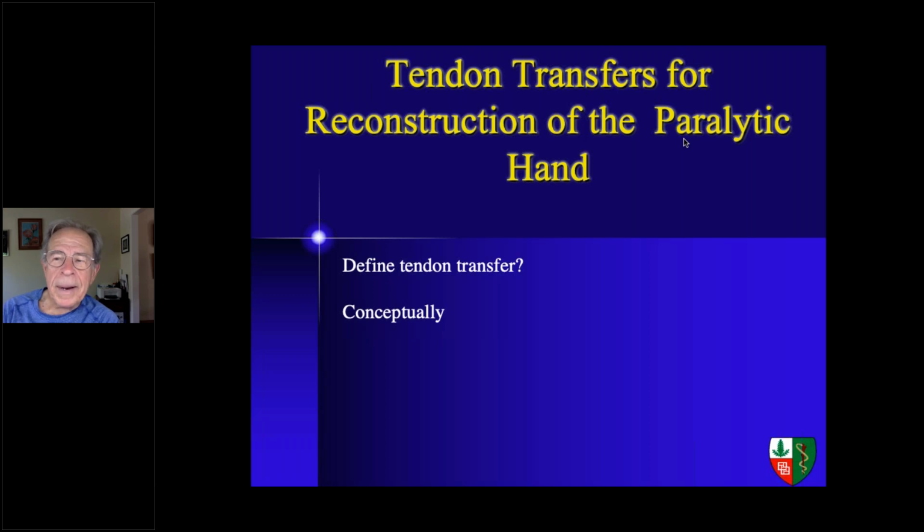So what I'd like to ask, well, let's ask Matt, since I have your name. Give us a definition of a tendon transfer from a conceptual standpoint, not a, well, you take this and you do this, but conceptually, what are we doing? You are using the power of a different muscle to serve in a different function.